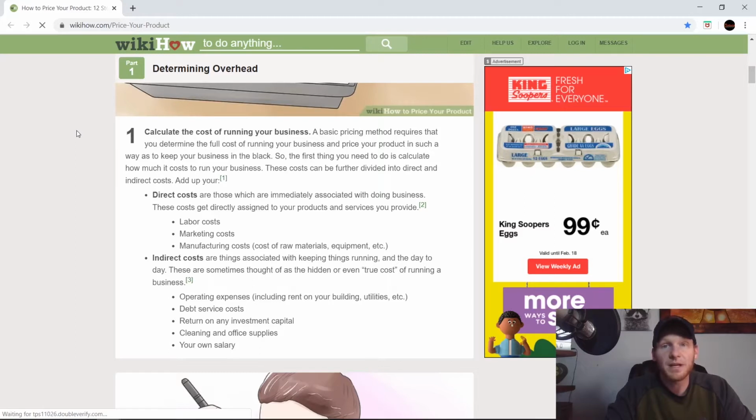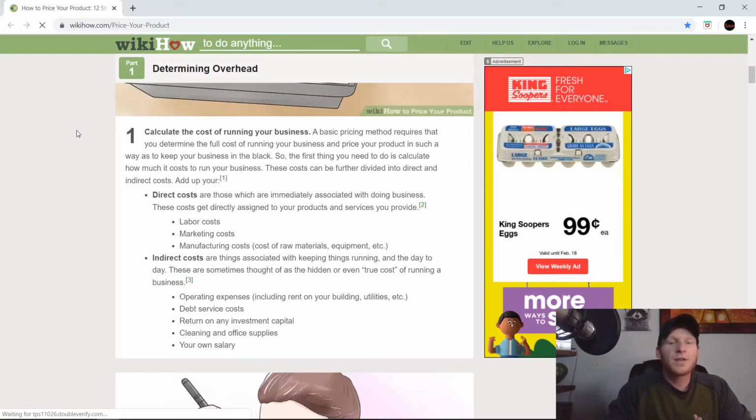Somebody's going to want to get paid for it, whether it be Facebook, if you hire a salesperson, or you get an article in a publication in your area, whatever the case may be, marketing costs are going to add up. And manufacturing cost. So manufacturing costs are the cost of raw materials, equipment, anything that you physically have to put money into to create your product.